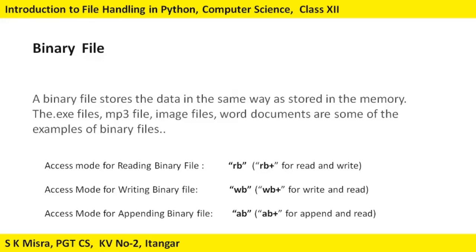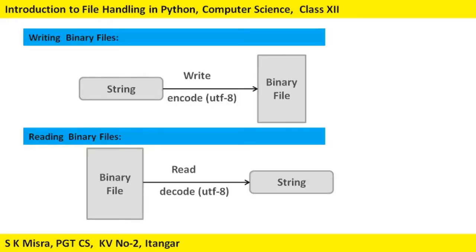Now let us see how to write and read data in binary files. A binary file doesn't hold the data in processed form. For example, suppose I want to write a string into a binary file.